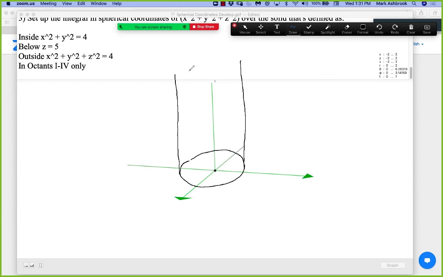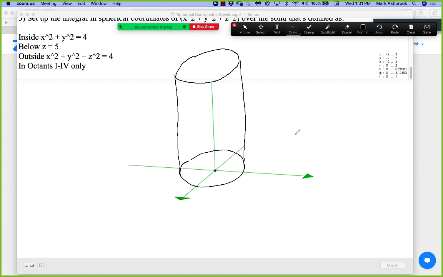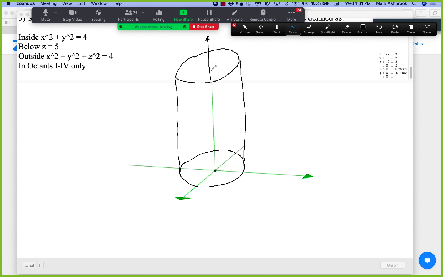So this is a cylinder like that, okay? And below z equals 5. What's z equals 5? Horizontal plane at 5, and we'll just put 5 right there, because that's where I stopped the cylinder.